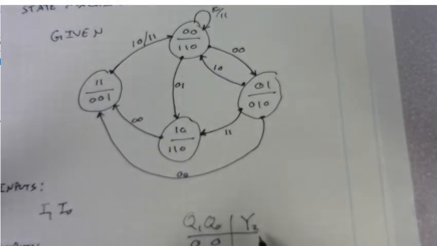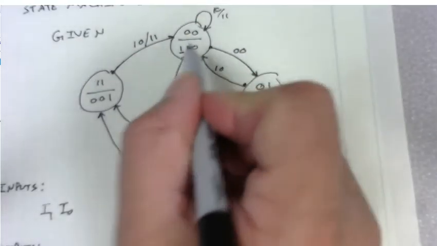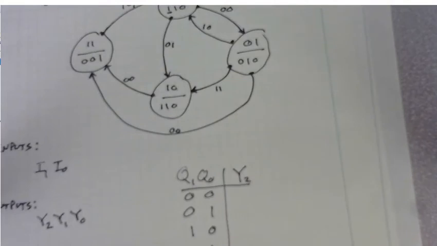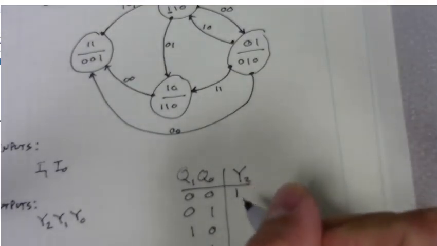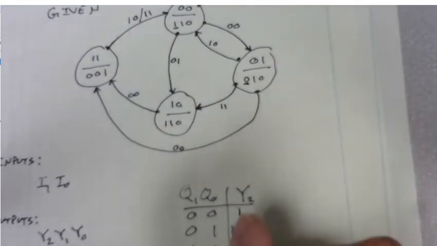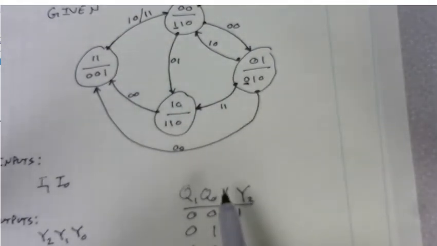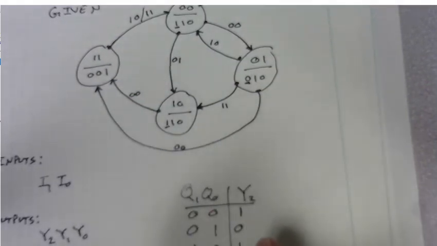Q1, Q0 can be in 4 possible states. And then Y2, if we're in state 0, 0, we get a 1 for Y2. For state 0, 1, we get a 0. For state 1, 0, we get a 1.